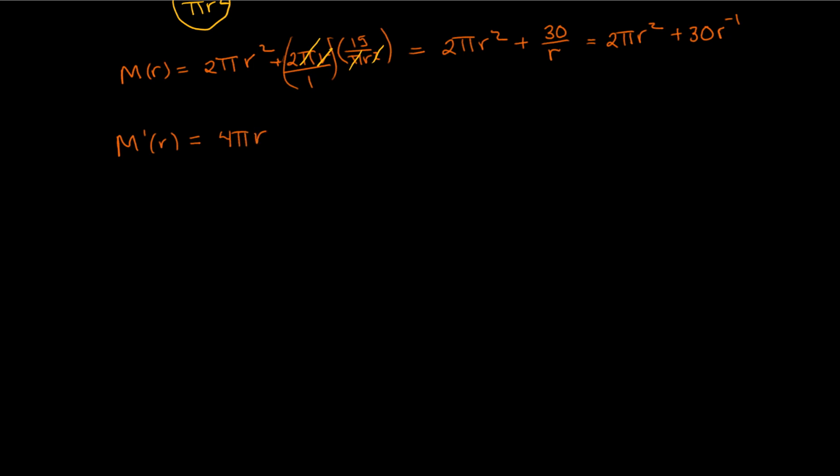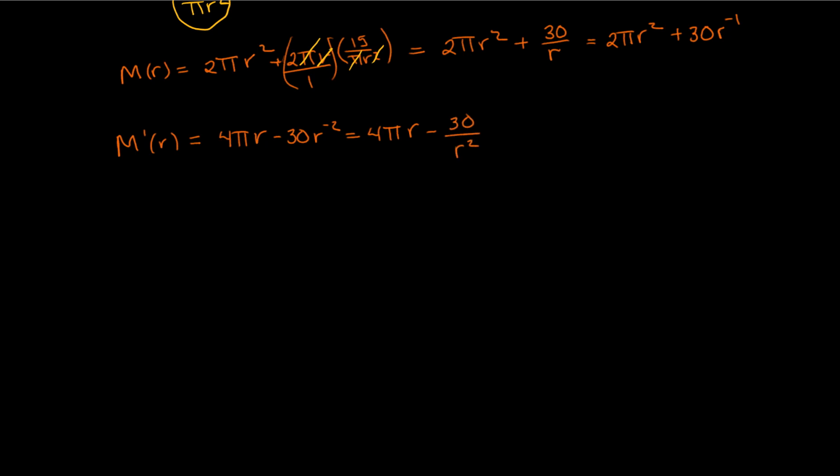Now be careful because on the second term, that negative 1 is going to come out front. We have a negative 30 r to the negative 2, which is going to give us 4 pi r minus 30 over r squared.